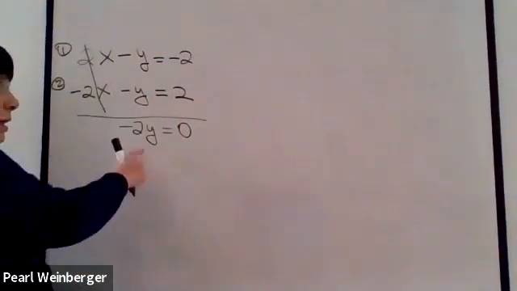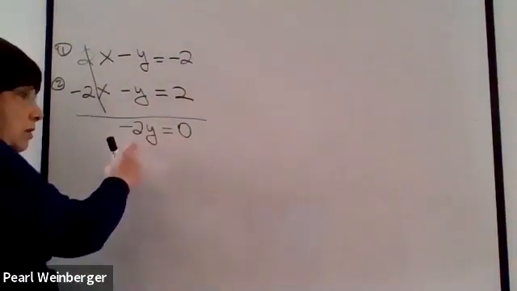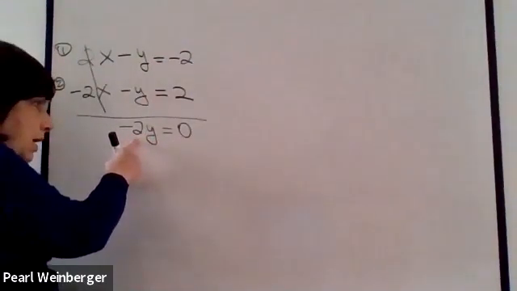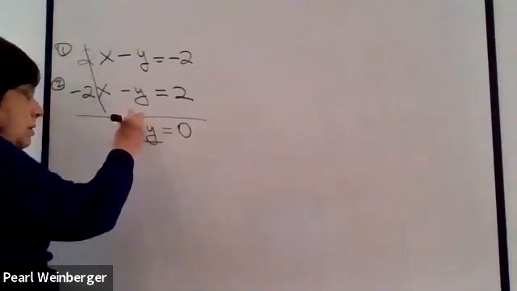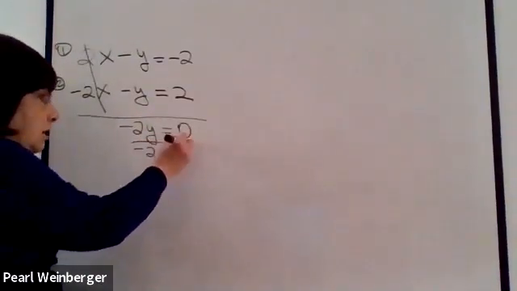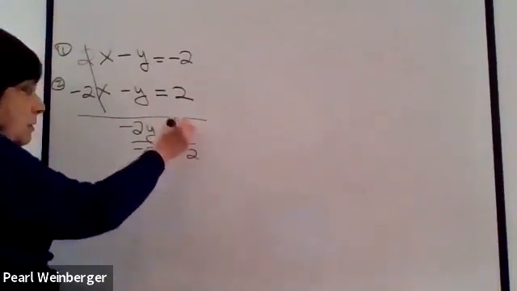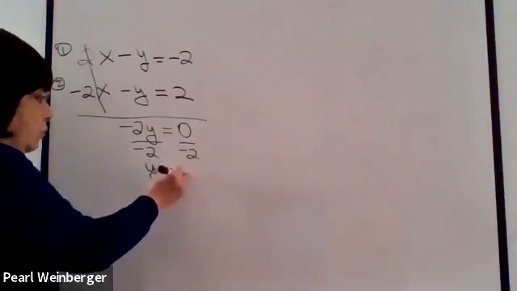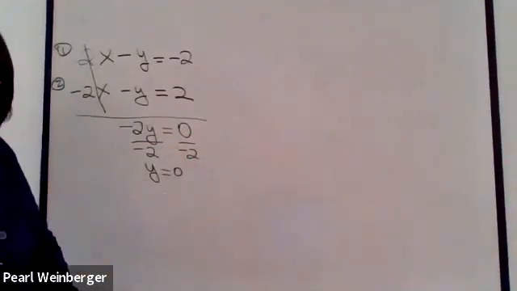I just want to finish this up by figuring out what y is. Since it says -2y, I'm going to divide both sides by -2. And 0 divided by any number is 0. It turns out that y equals 0.